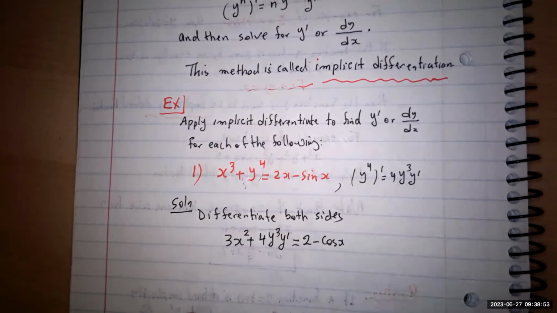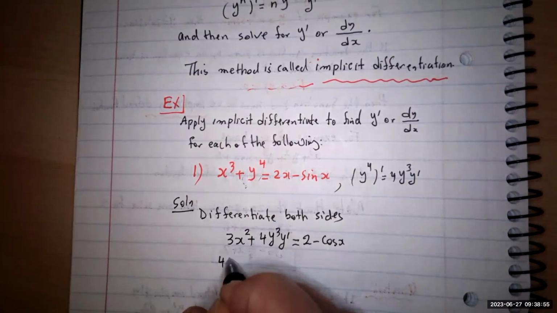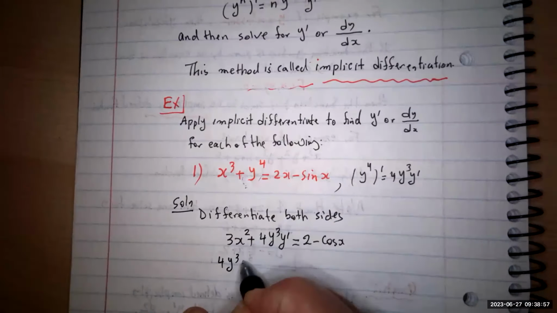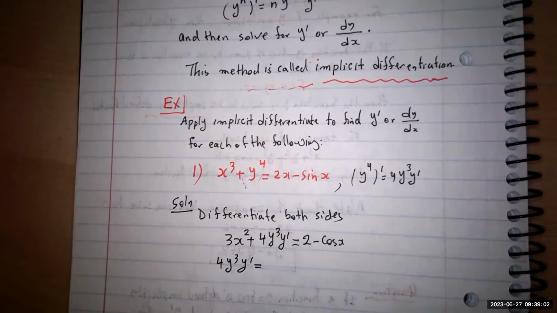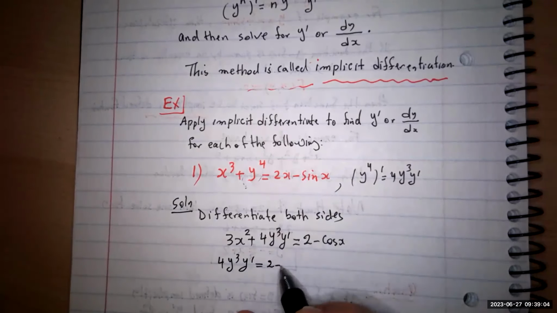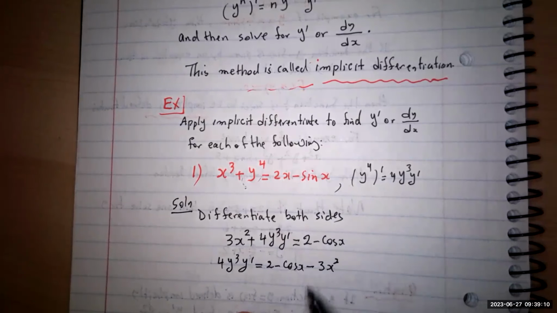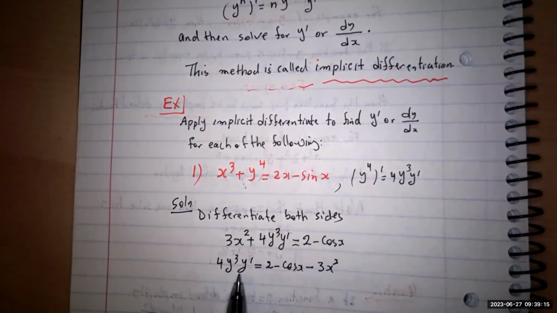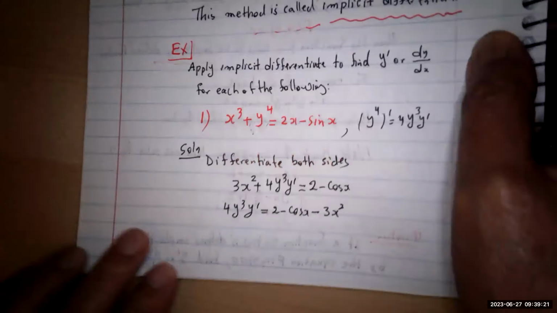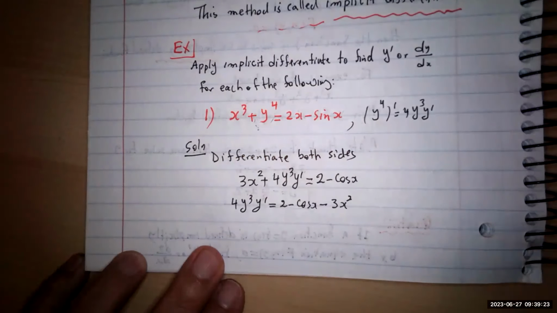So keep 4y cubed times y prime on one side and move the other terms to the other side: 2 minus cosine x minus 3x squared. Now, to solve for y prime, divide by its coefficient, which is 4y cubed. I'm explaining it for you, but otherwise we do it right away.